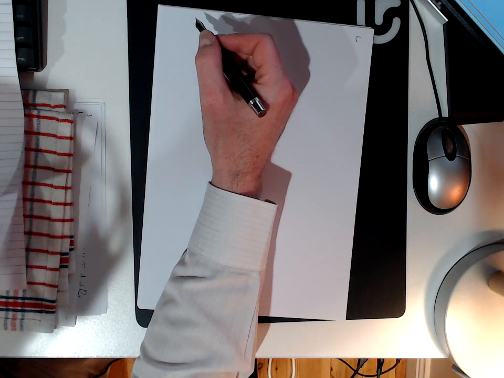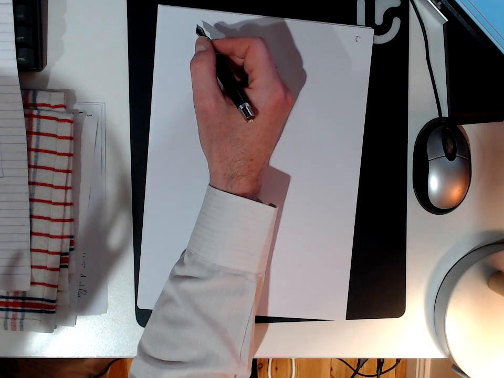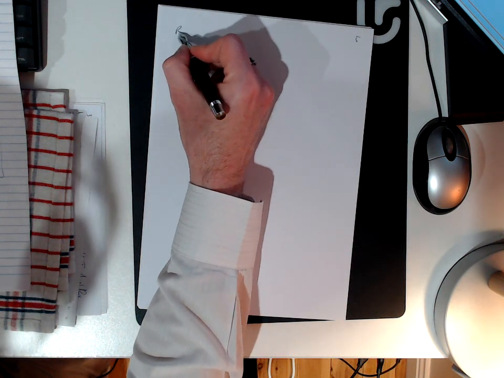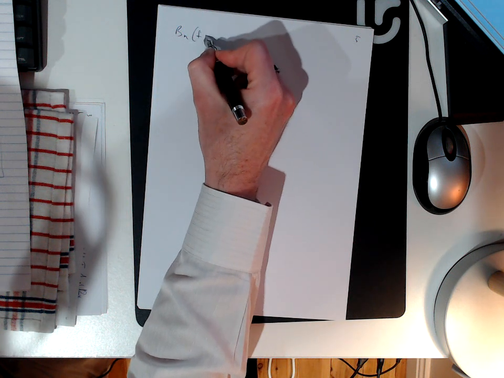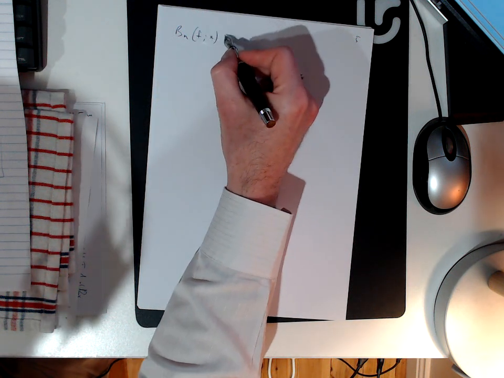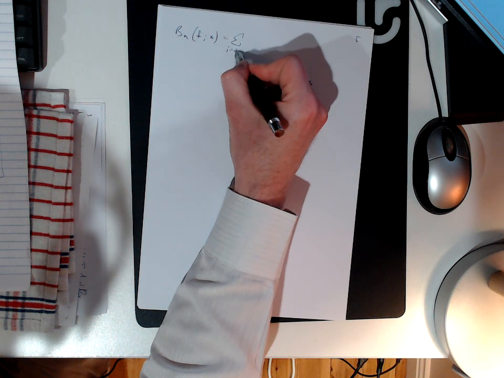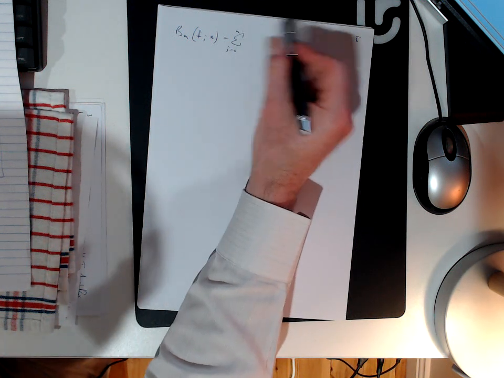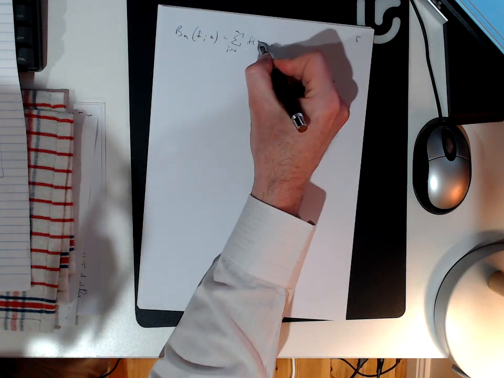So I'm going to define something called the Bernstein polynomial of degree n. The Bernstein polynomial of degree n of f evaluated at x is equal to the sum from j equals 0 to n of the value of f at x_j.